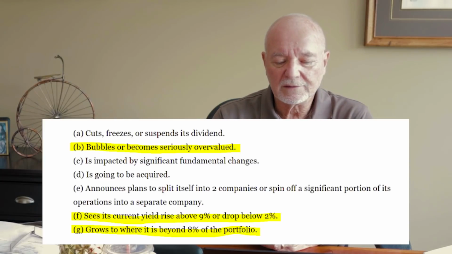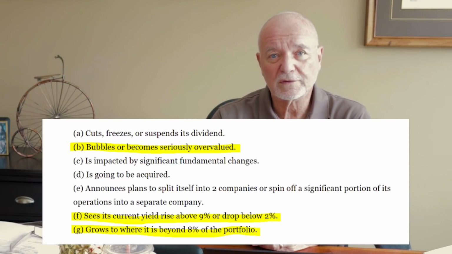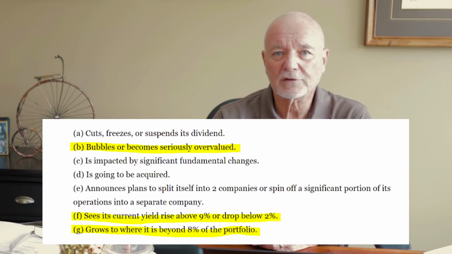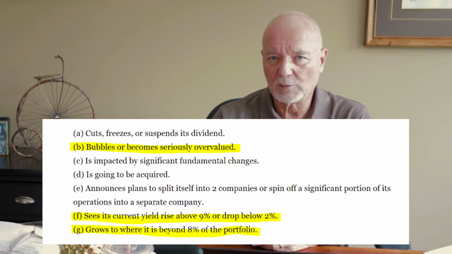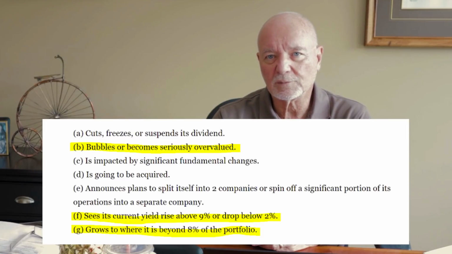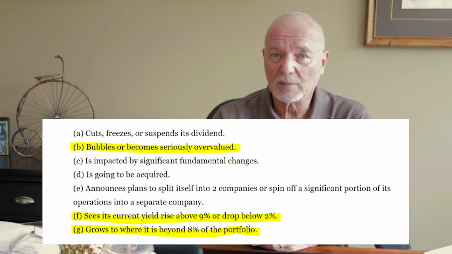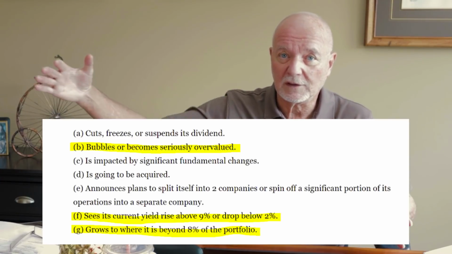Reason F is if its current yield rises above 9%, which doesn't apply here, or drops below 2%, which does apply here. Microsoft's yield is 0.8%. And G is if it grows to beyond 8% of the portfolio. As we saw earlier, Microsoft now occupies 8.3% of my portfolio, and that is solely because of its meteoric price rise.